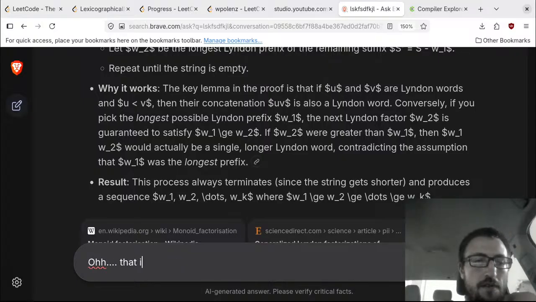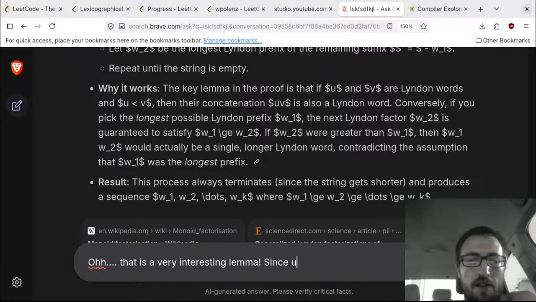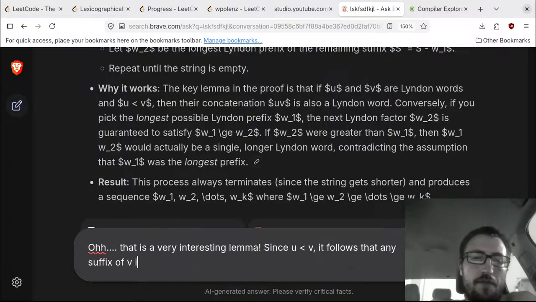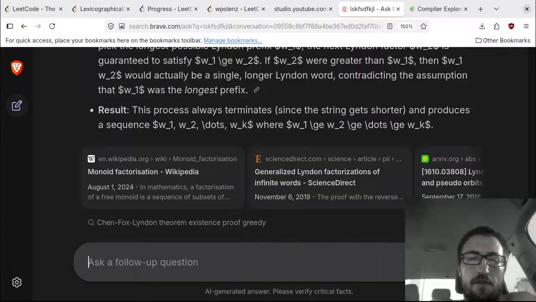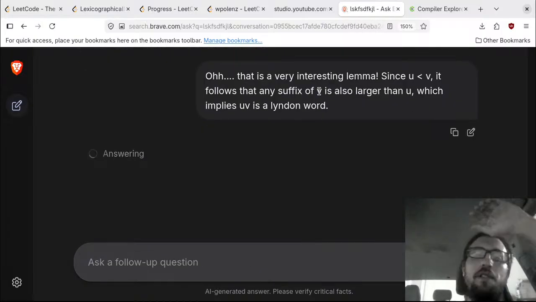That's a very interesting dilemma. Since U is less than V, it follows that any suffix of V is also larger than U, which implies UV is a Lyndon word. I'm pretty sure that's the case.